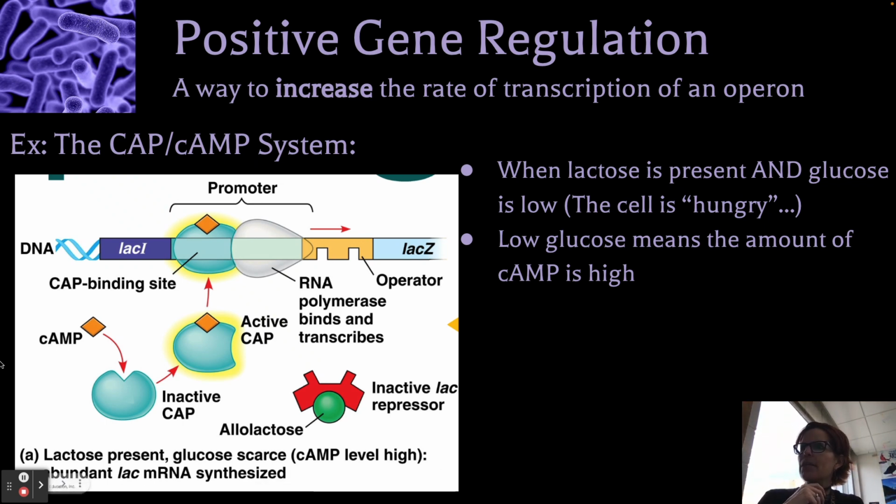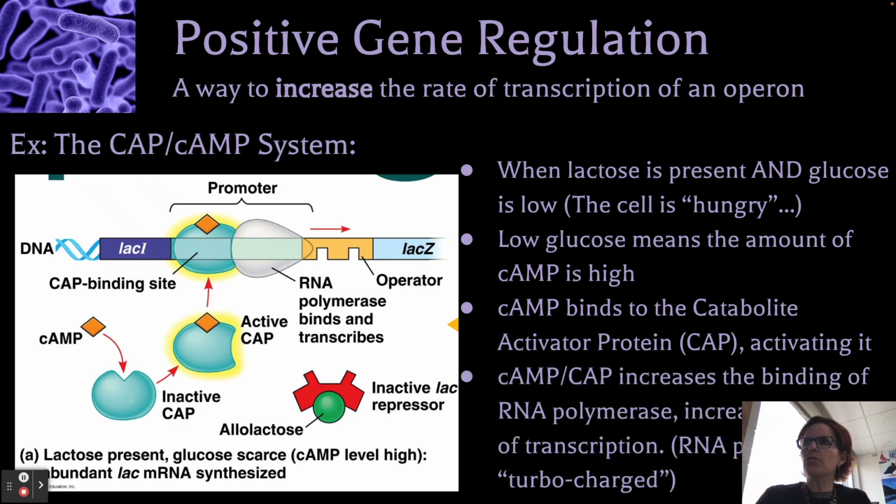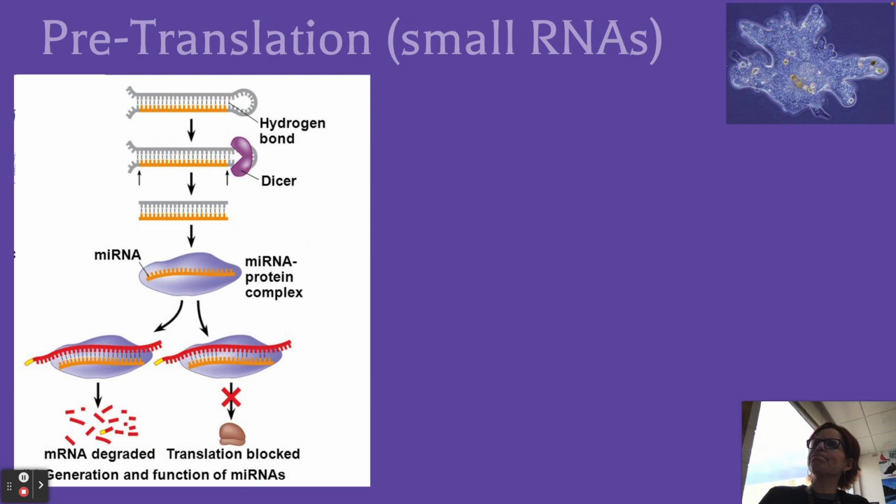So this orange diamond here, if there's a lot of that, it's going to trigger what is called CAP, the catabolite activator protein. It'll attach to the RNA polymerase and make it work faster. So we've been talking about turning the gene off. This is actually turning the gene on to make it go faster. This is causing the RNA polymerase to go even faster, so it'll digest a little bit faster.